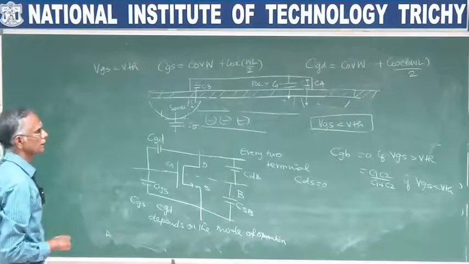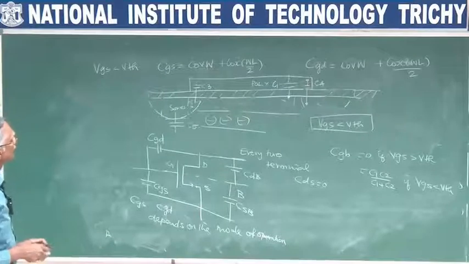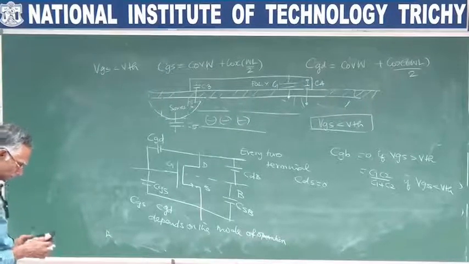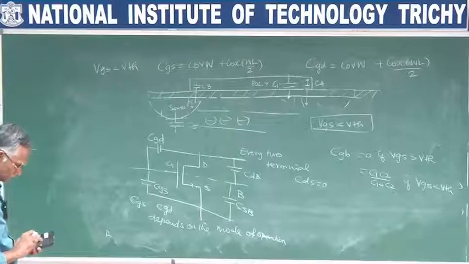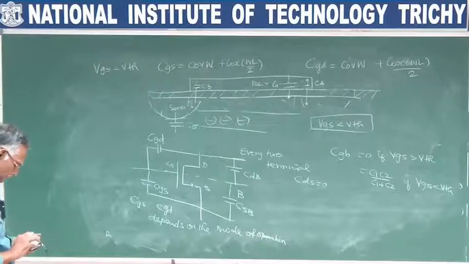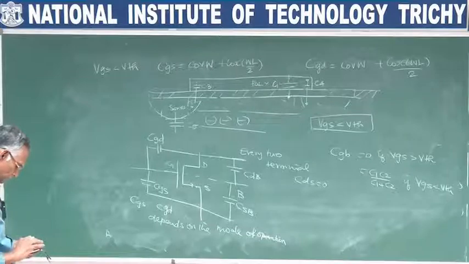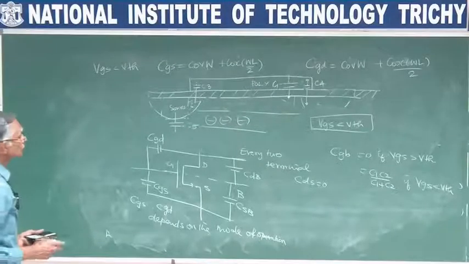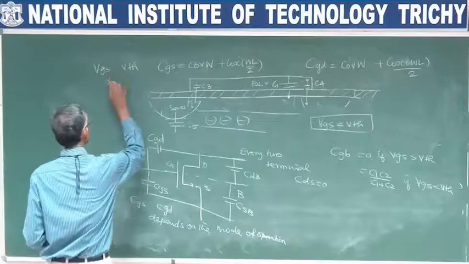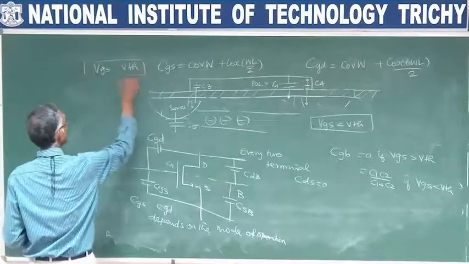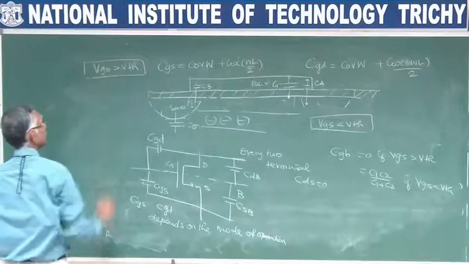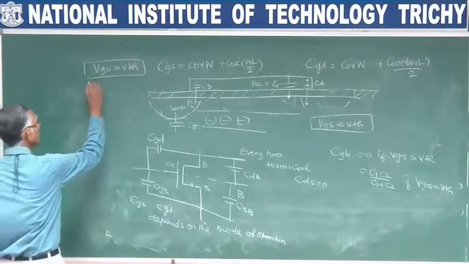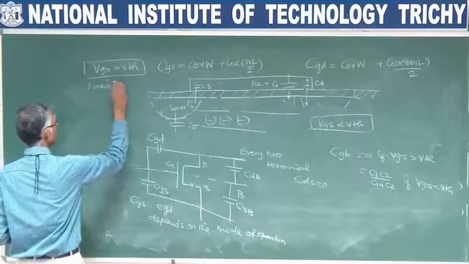I think there is a small mistake. So this is when VGS is greater than VTH, but the transistor is in the linear region.